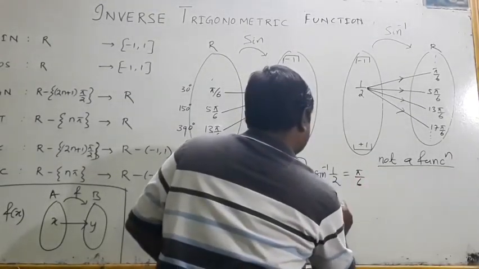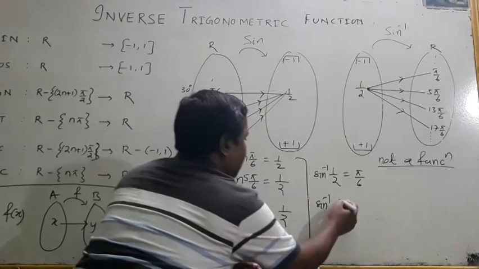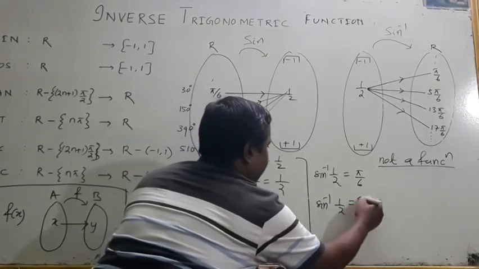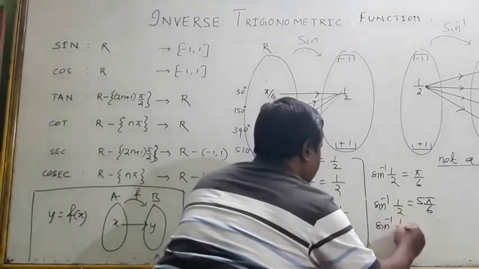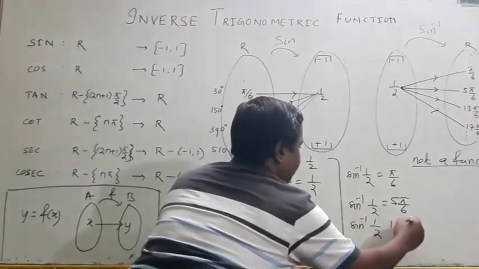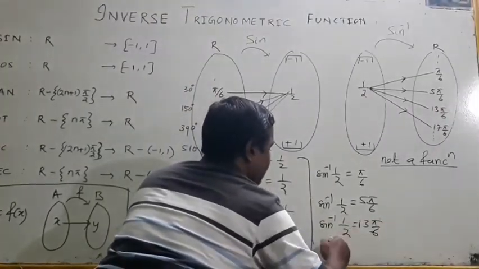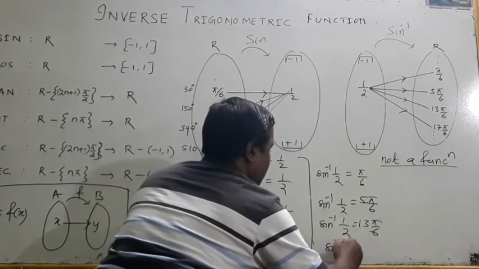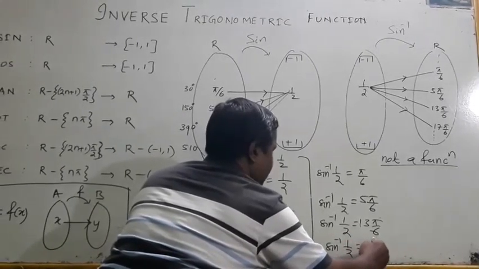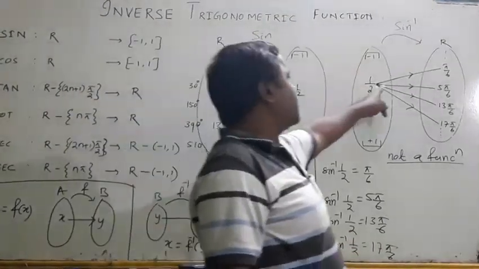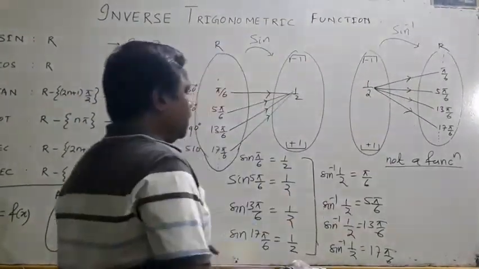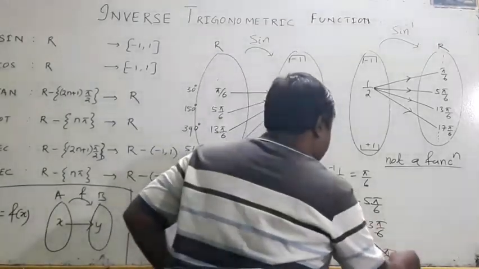Sine inverse half is equal to 5 pi by 6. Sine inverse half is equal to 13 pi by 6. Sine inverse half is equal to 17 pi by 6. But this is quite impossible, so the mathematicians cancel this.